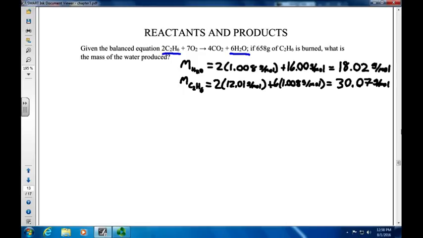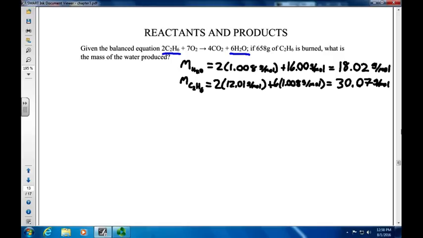So that's the bare necessities of what we need. Now we can create a dimensional analysis using those values that can get us to the answer of what we're looking for.